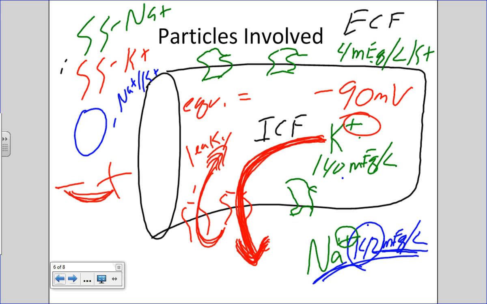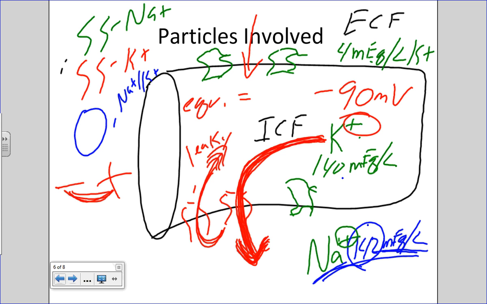If we were to put an electrode in here and measure that, that would be our resting membrane potential, the charge of this cell when it's at rest. Now, not every cell is like this. Some cells have different membrane potentials than others.